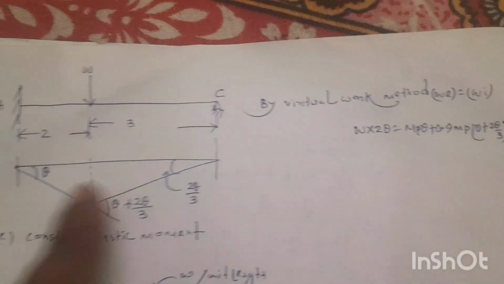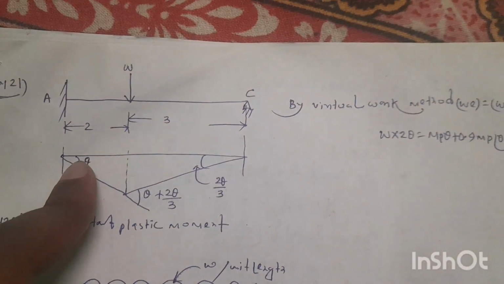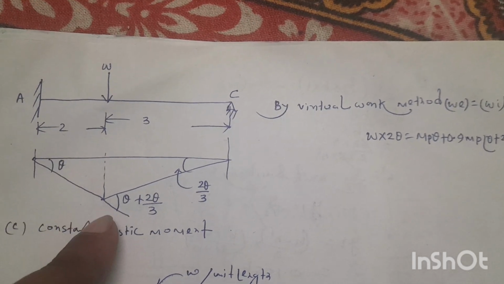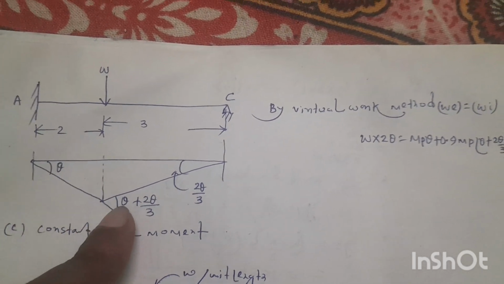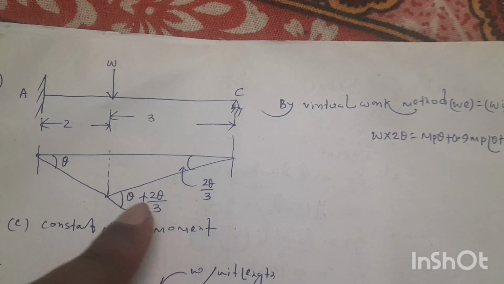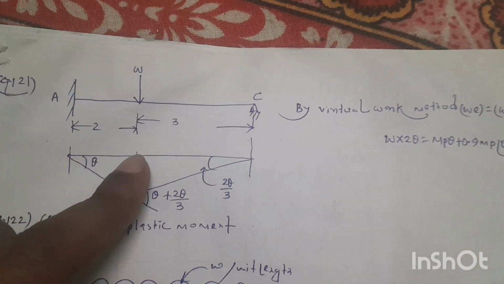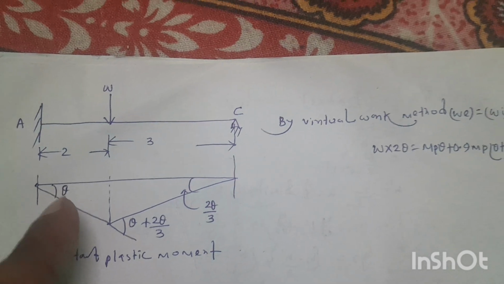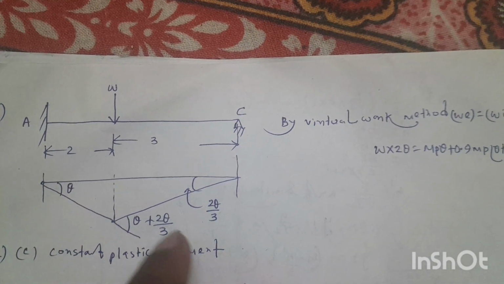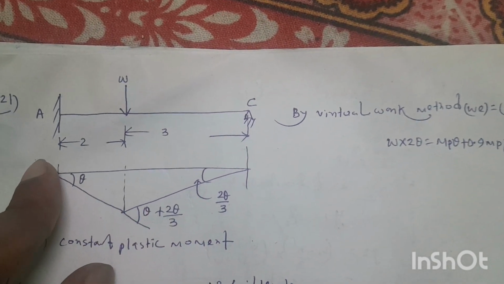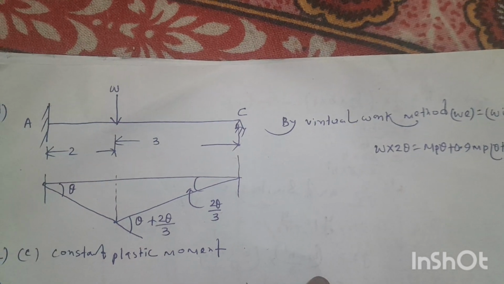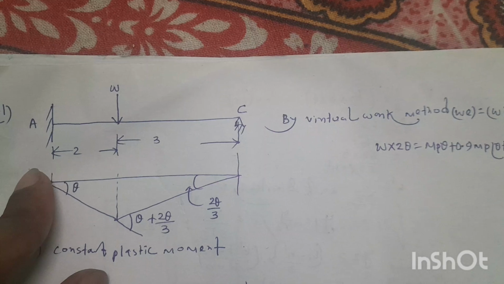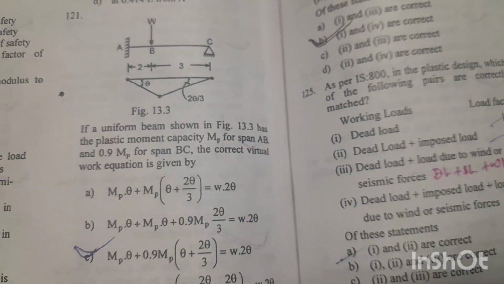So MP into theta plus 0.9 MP into theta plus 2 theta by 3, because hinge will form here and here. So the internal work done will be at here and at here. Moment capacity MP for span AB and 0.9 MP for span BC. Option C is right answer.